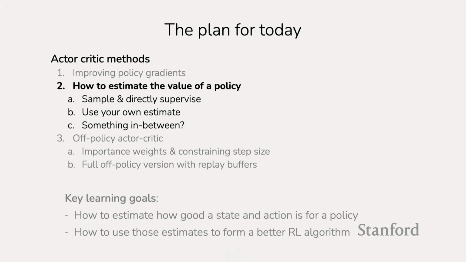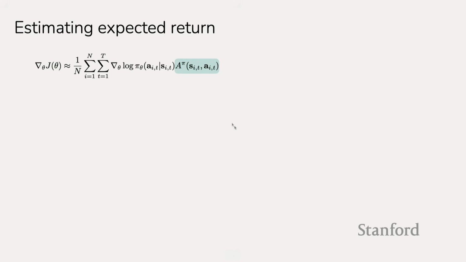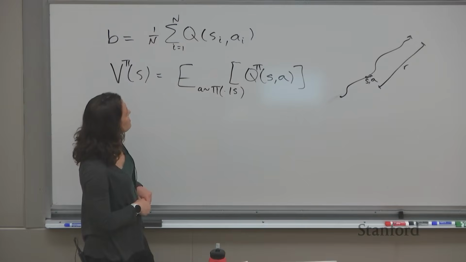Okay, so let's get to how we actually estimate these values. We want to estimate this quantity right here. To start out, we need to think about how we want to get to A^π. We could try to directly fit A^π, although it's a little bit challenging to get direct supervision for the advantages. So we're actually going to try to fit V^π.